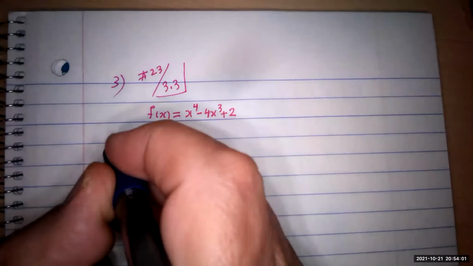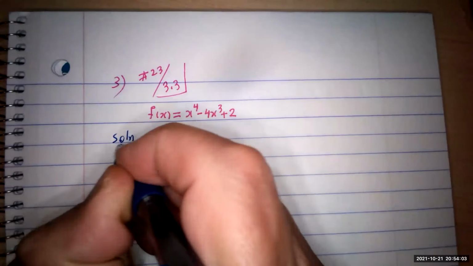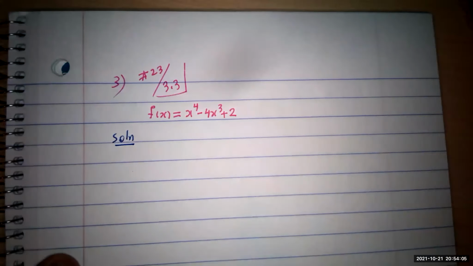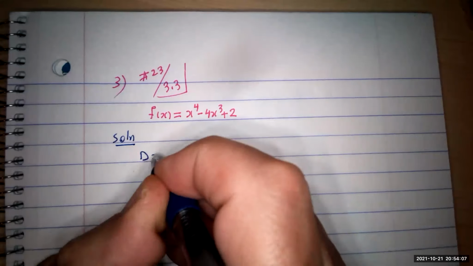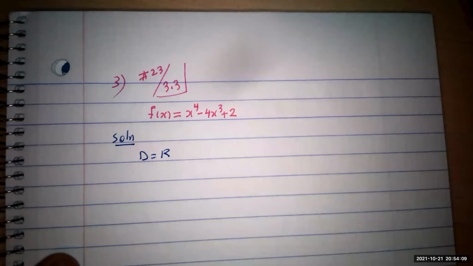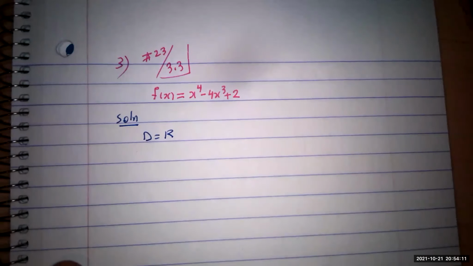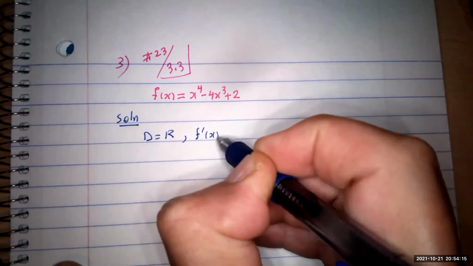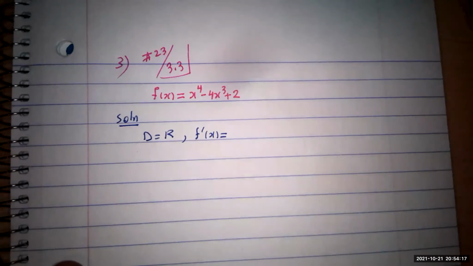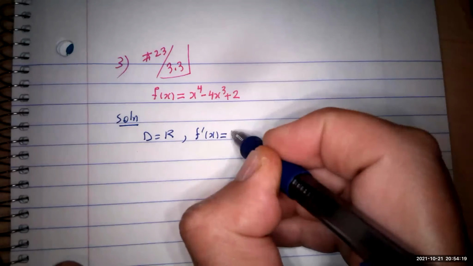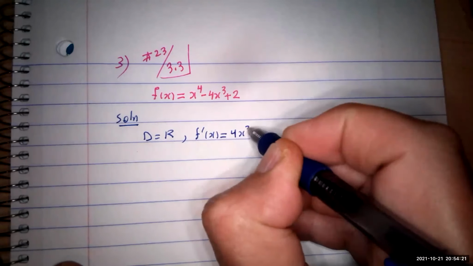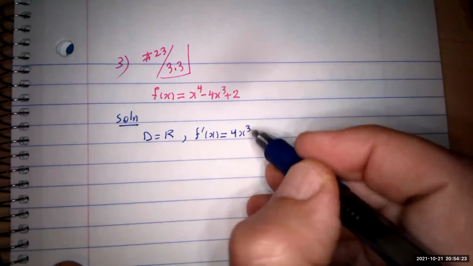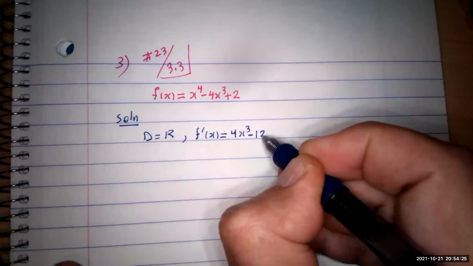Okay, are you ready? Solution, of course, the domain first. Domain is all real numbers because it's a polynomial. Check the f prime. Carefully differentiate it. F prime of x gives you 4x cubed, 3 times 4 would be 12, minus 12x.